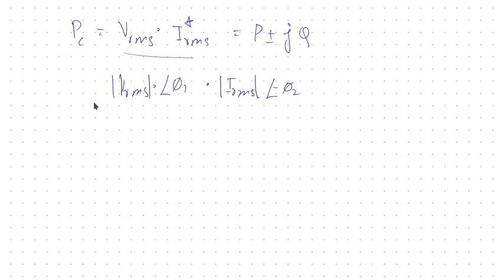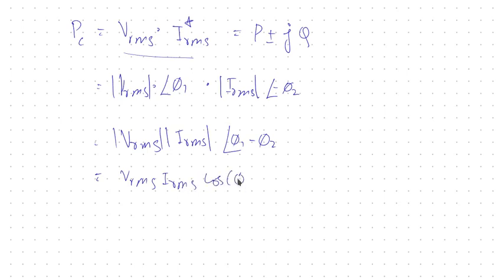Now this comes out to be Vrms Irms angle (phi 1 minus phi 2), which can also be written as Vrms Irms cos(phi 1 minus phi 2) plus j times Vrms Irms sin(phi 1 minus phi 2).